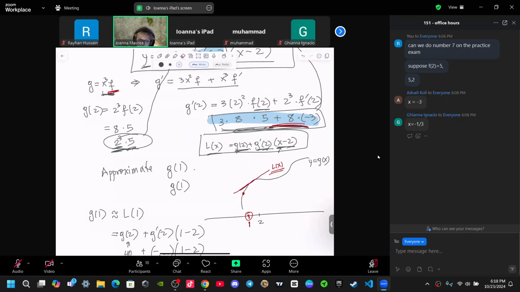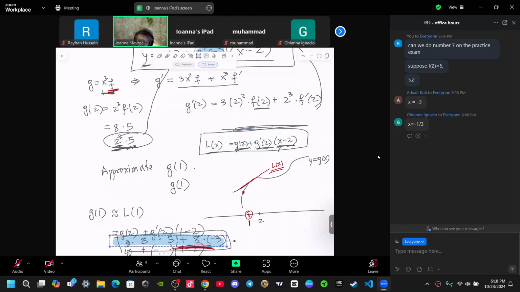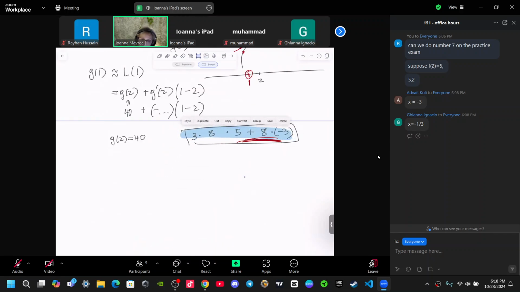So let's see what it is. g prime of 2 is 40 times 3, so 120. Oh, it is positive, that's good. So minus 24, right? So it's, let's say 96 or something, whatever. Again, I wouldn't add, I would leave it as is. I would even leave it like that and put a big parenthesis around it.